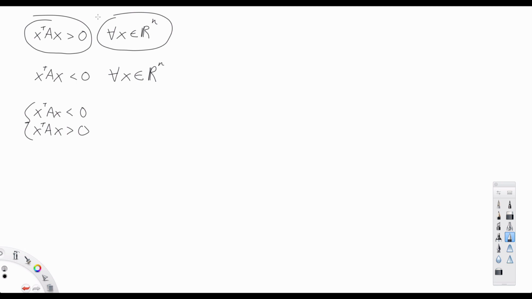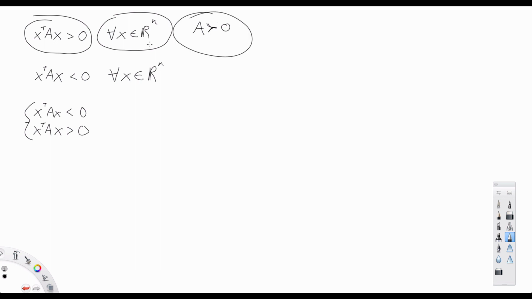Well, it turns out that we already have the ability to prove what must be true for this to occur. I'm going to introduce a term first, though, and describe this matrix A as what we call positive definite. This symbol is kind of like a greater than symbol, but a little bit curved, and it's sometimes used to denote when a matrix is positive definite or negative definite.